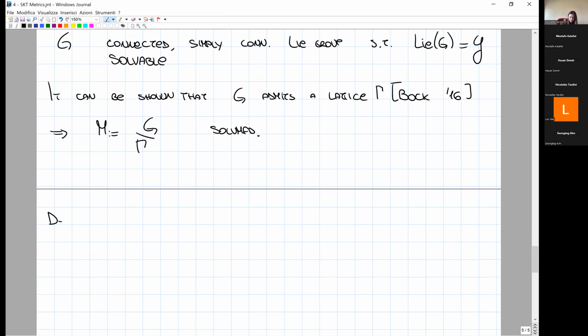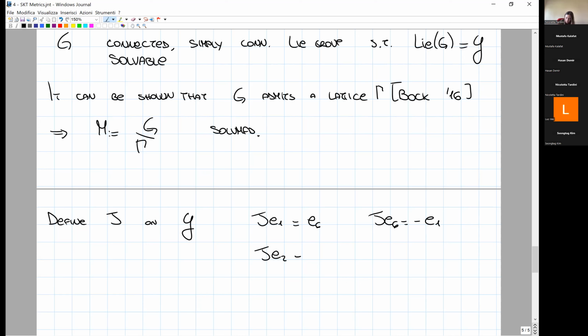So let me define J on G. I will work at the level of the Lie algebra because everything will be invariant, and so it will be induced on the solvmanifold, okay? So we define J in this way. J of E1 is equal to E6. And since J squared has to be minus the identity, J of E6 will be minus E1.